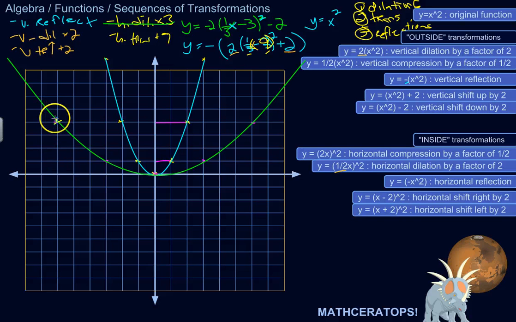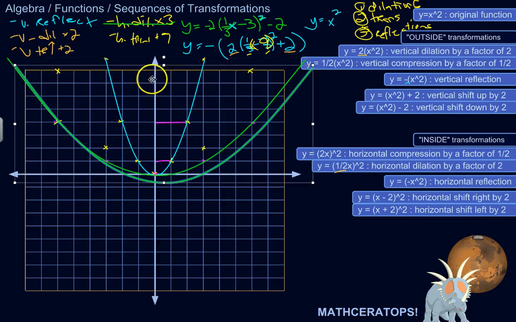So this point is 4 units away, so it's going to be 8 units away, up here. This one's 1 unit away, so it's going to be 2 units away. 0, 2, 8.